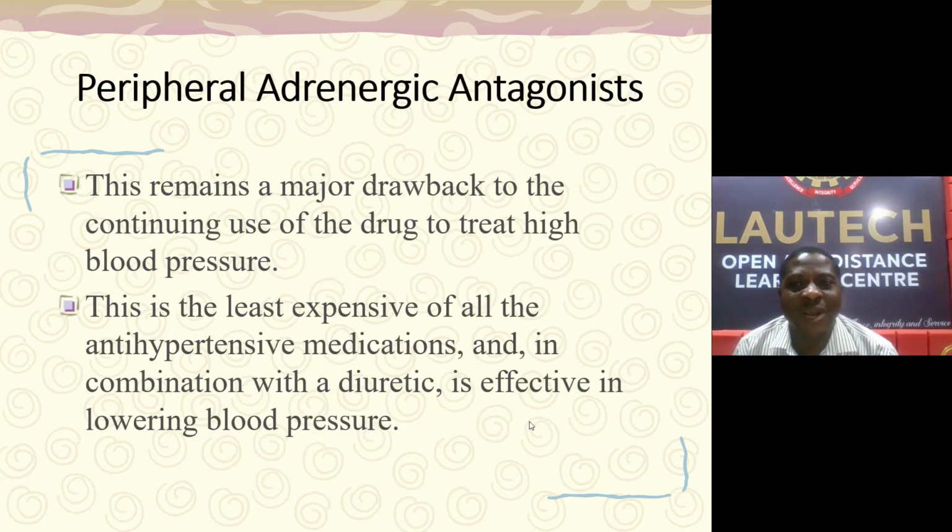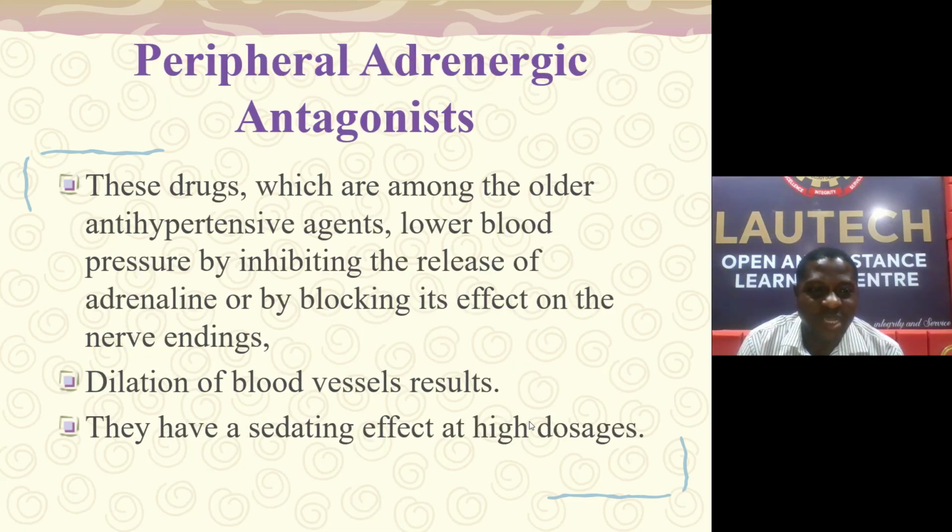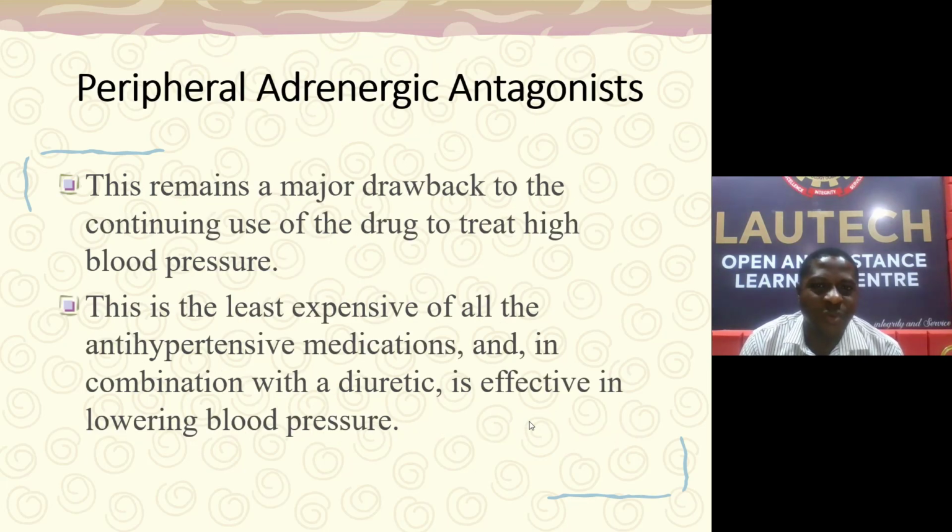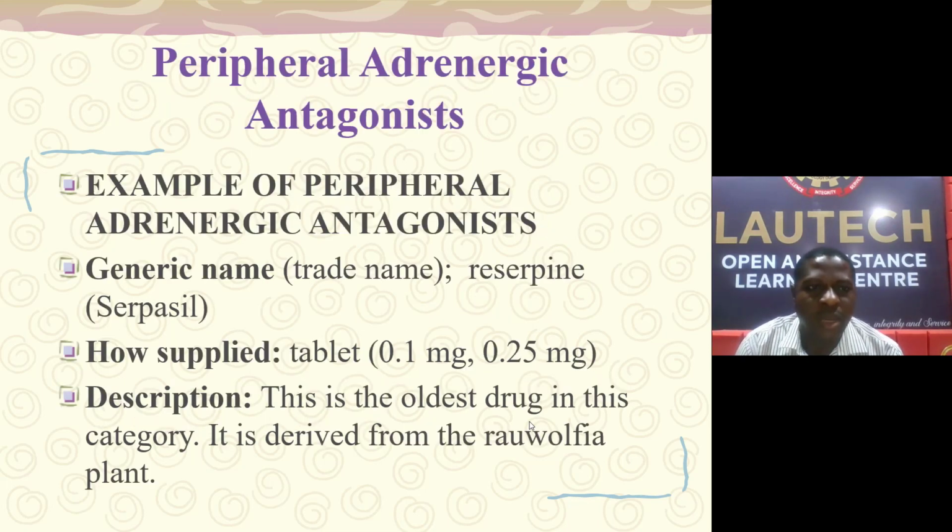Still on peripheral adrenergic antagonists, a major drawback to the continued use of these drugs to treat high blood pressure is the sedative effect at high doses. This is the least expensive of all the antihypertensive medications, and in combination with a diuretic, it is effective in lowering blood pressure.